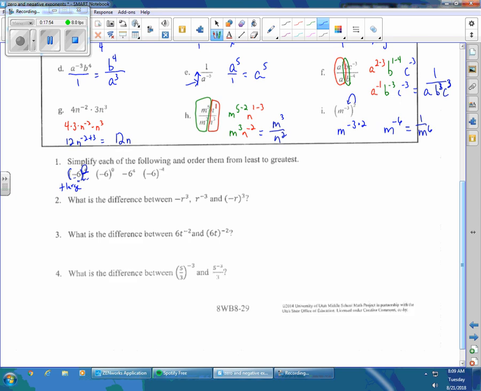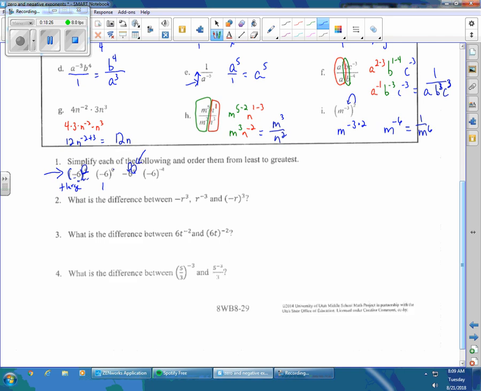Now this next one, negative 6 to the 0 power, remember, last lesson, anything raised to the 0 power is 1. This next one here, the 4 is only attaching to the 6, not the negative sign. So however large this number is, it's going to be the same number, but negative, because your 6 is the only thing being raised to the 4th power.